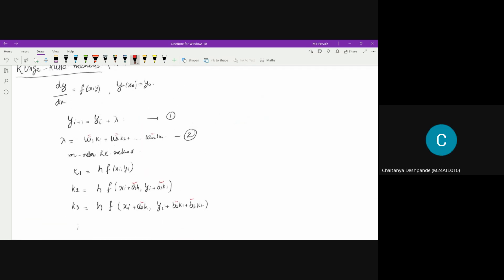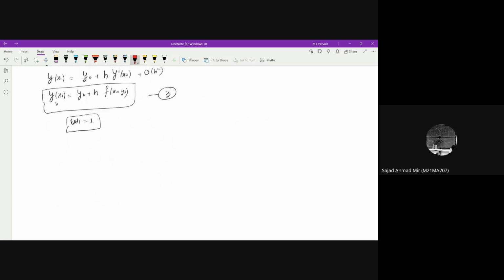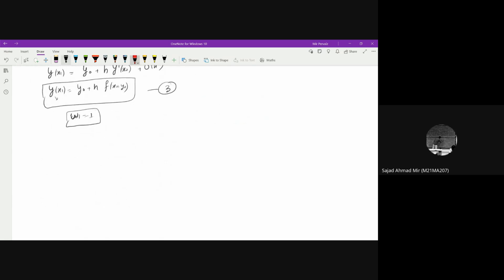Okay. Now if we go for the RK2 method, it will be using the slope at two points.